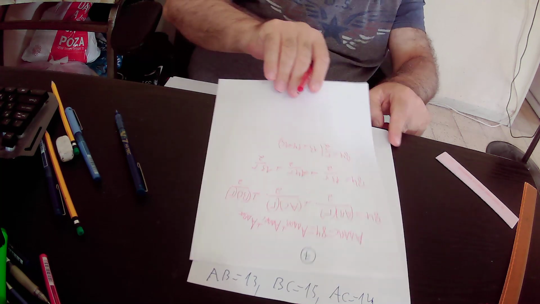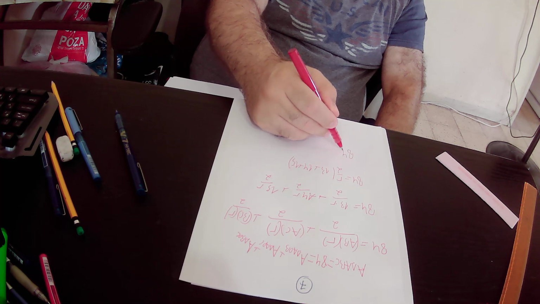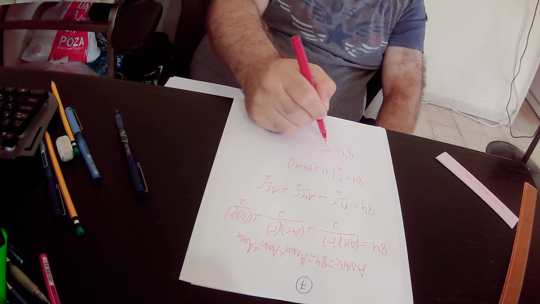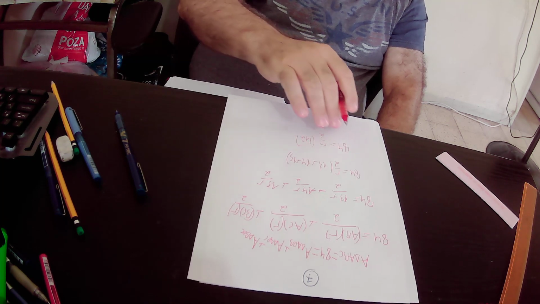In total, we got that 84 equals R over 2 times 42. Okay?